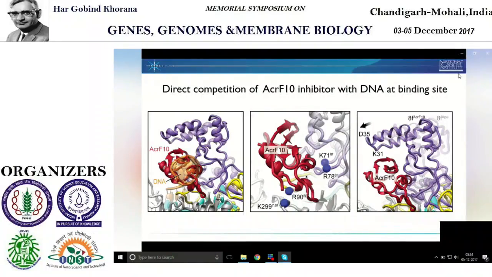And we show that the mechanism by which this inhibitor inhibits the function is to sit at exactly the same site where the DNA binds, you see this superposition on the left, and also it leads to interesting structural changes and to essentially a clasping of the inhibitor by movement of the hook domain that you see on the right. Essentially now this opens the door for us to look at not just the effective DNA binding, but also the different ways in which inhibitors block DNA binding and thereby enable the phage to replicate.